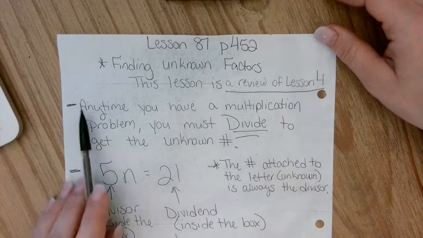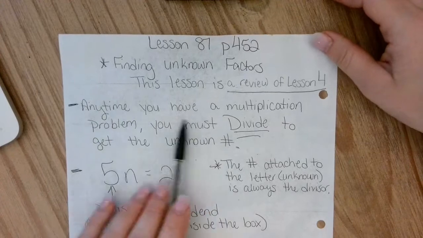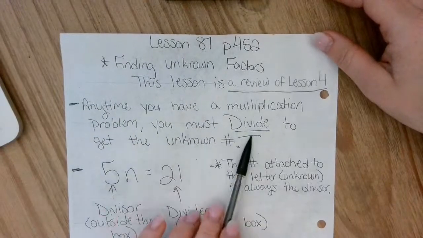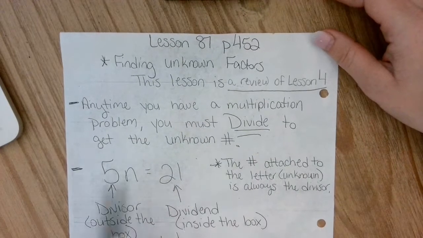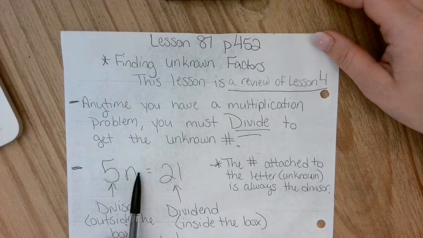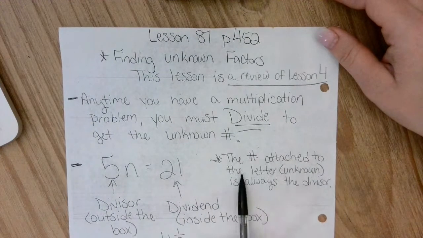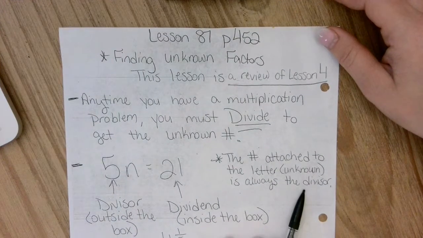So the best way to think about it is any time you have a multiplication problem, you are going to divide to get the unknown number. So the unknown number, of course, is the letter. Now the number attached to the letter is the unknown, and it is always the divisor.